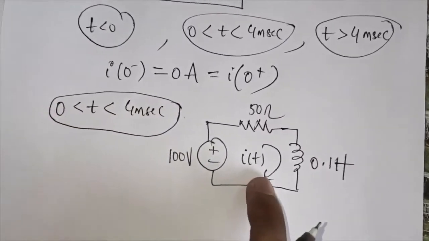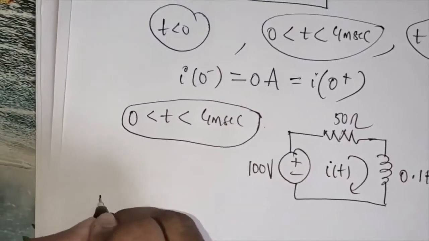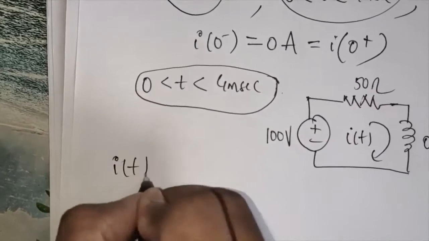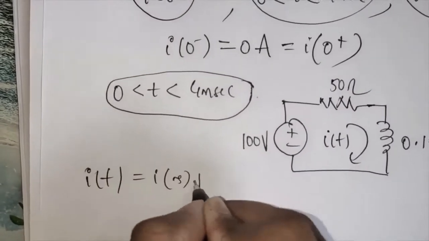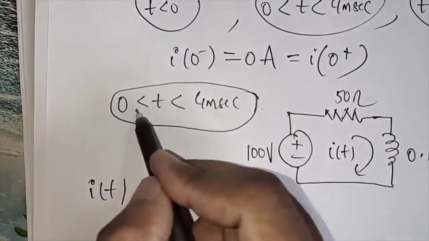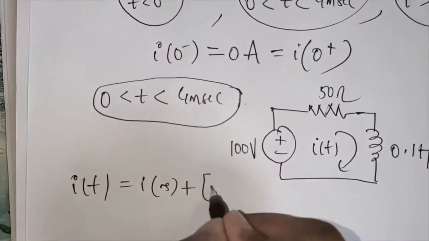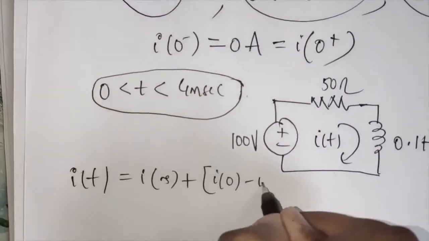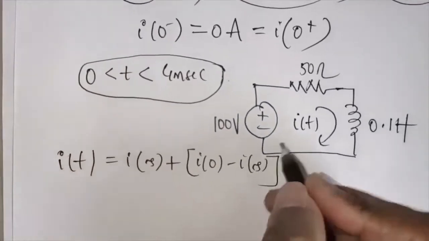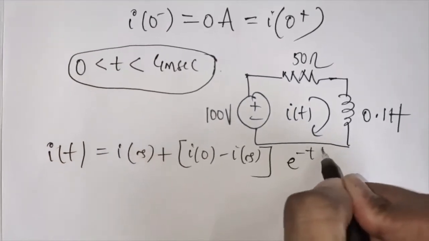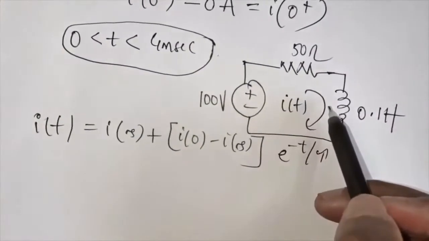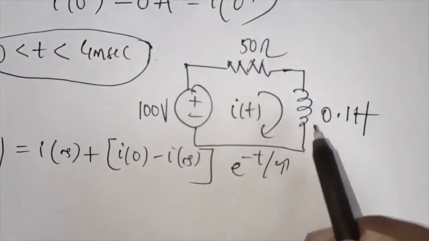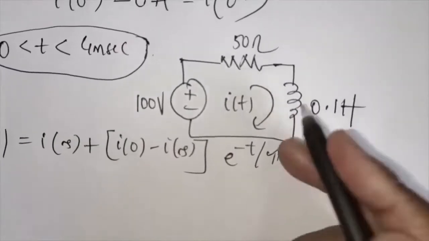Since it is source driven, I of t is equal to I of infinity plus I of 0 minus I of infinity into e power minus t by tau. When this circuit is at steady state, the inductor will act as a short circuit.